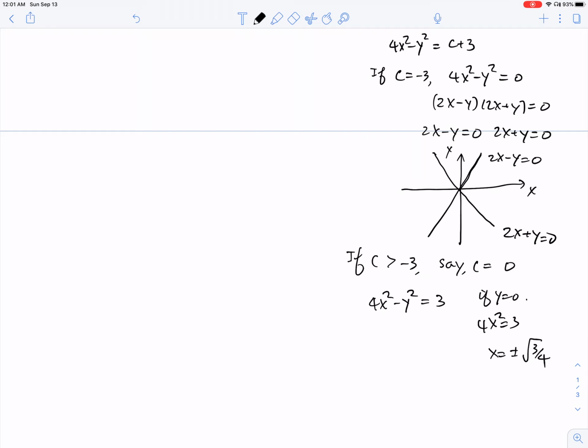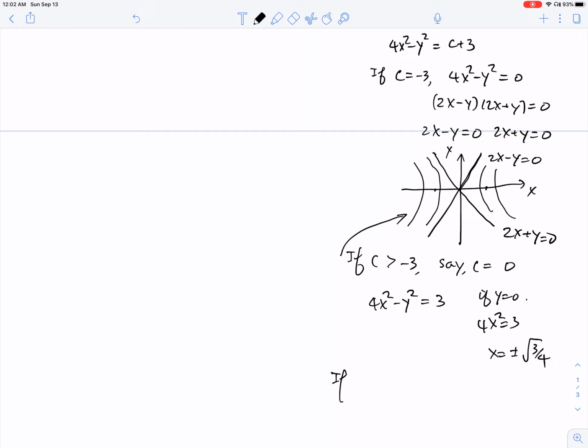So we have 2 points, right? One point is over here, and one point is over here. And we know what hyperbolas look like. So what we're going to have over here is something like this. And these are the ones when c is bigger than negative 3.